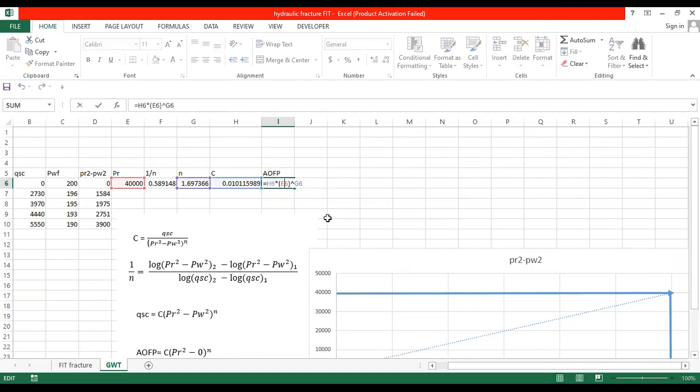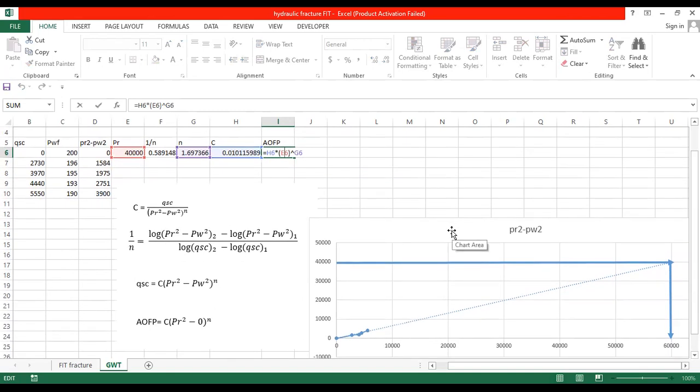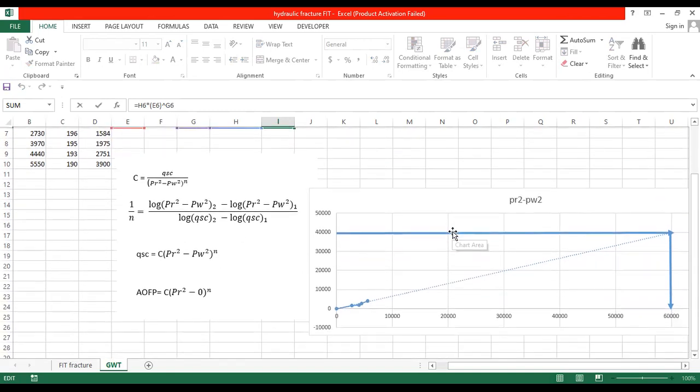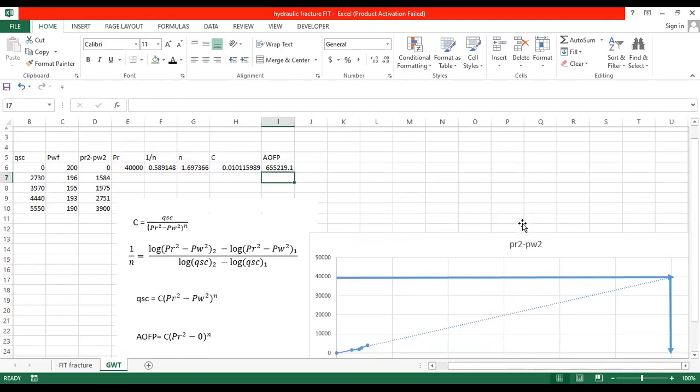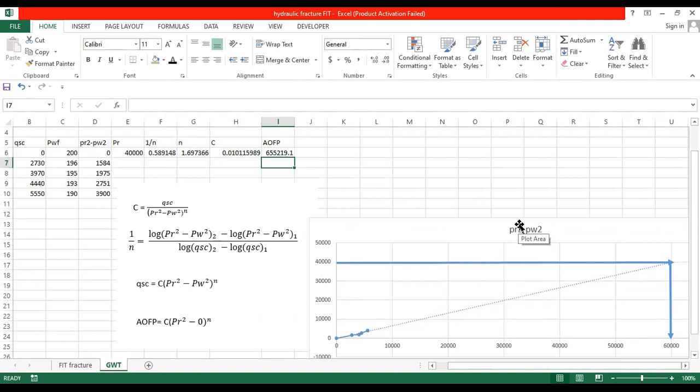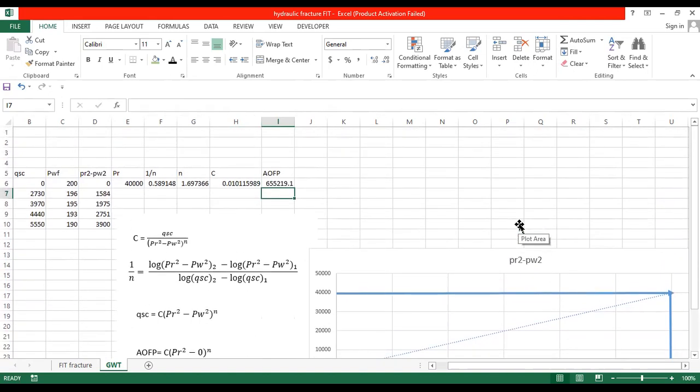So probably it could be 40,000 is the error. We have a little bit more error. We got it over here. So almost it is coming as a big error only.